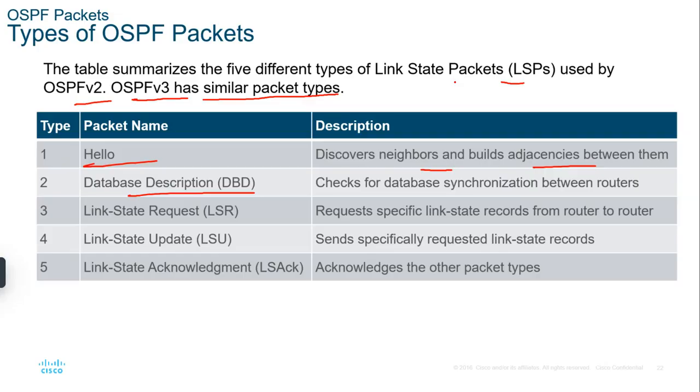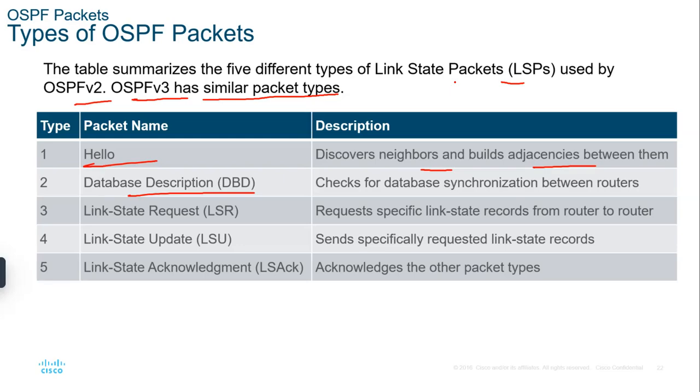Then the link state request asks for a specific link state record. And then we have updates, where there is a request and, of course, we expect the updates. Still, there are updates that are generated without requests.